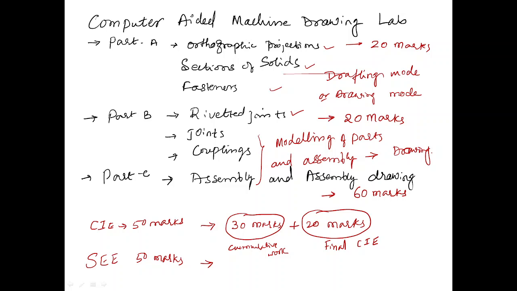You need to follow 3 steps for joints onwards. What is the first step? First, you need to model all the parts, however many parts the component has. Next you need to assemble it. Once assembly is done, then you need to convert that assembly into a drawing. Clear?